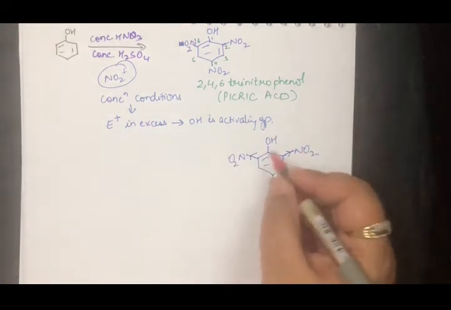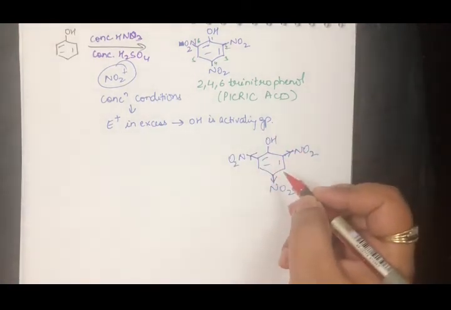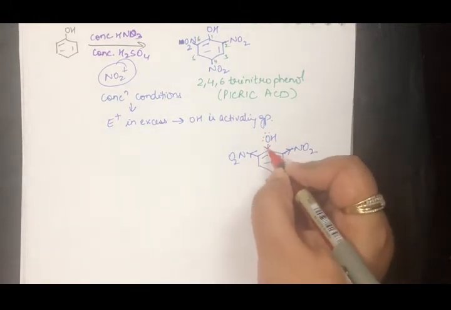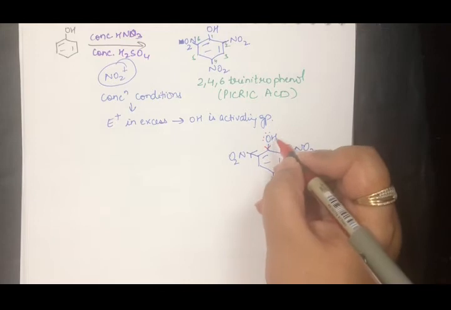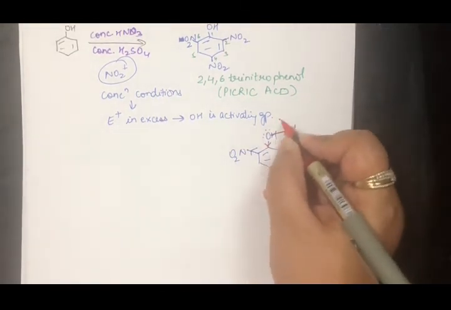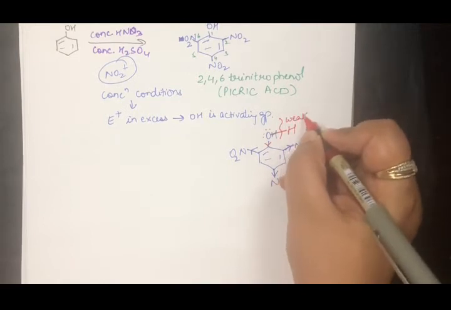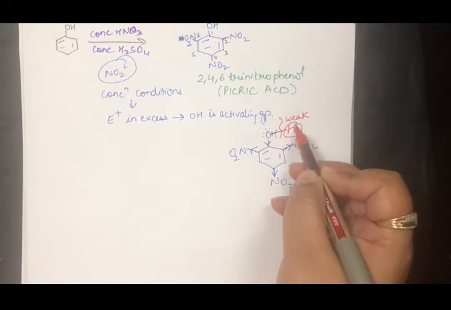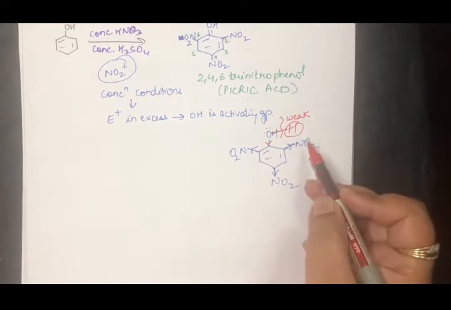The electron density on the benzene ring decreases. Now what will oxygen do? Oxygen has two lone pairs, and it will start giving them towards the ring. So in all these incidents, what is happening? The bond with the OH is becoming weak. So now the release of H plus is very easy from this compound.